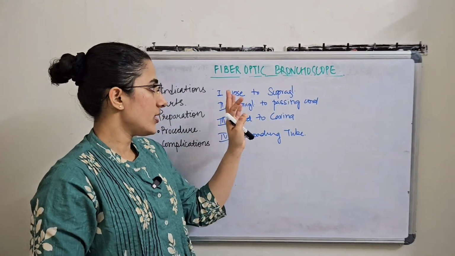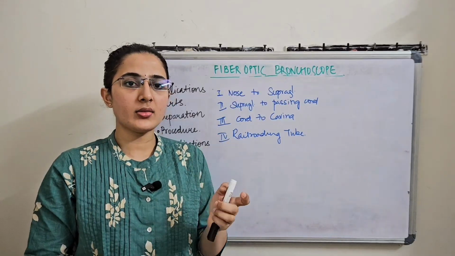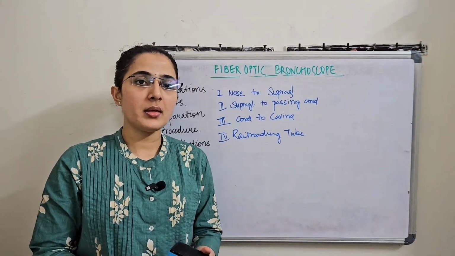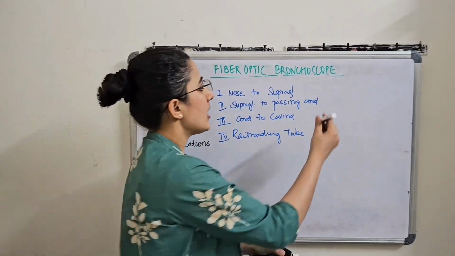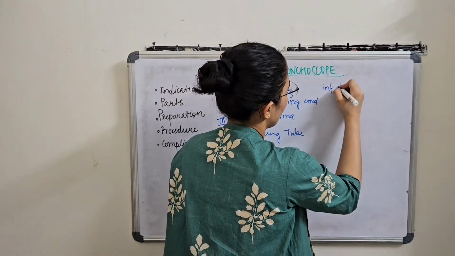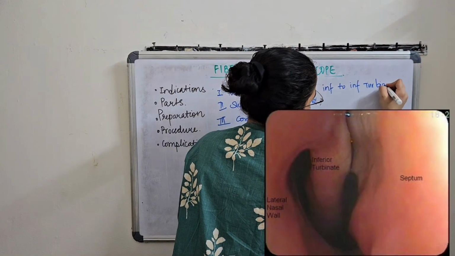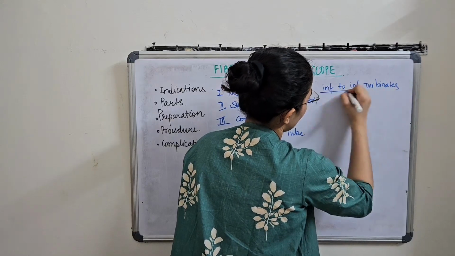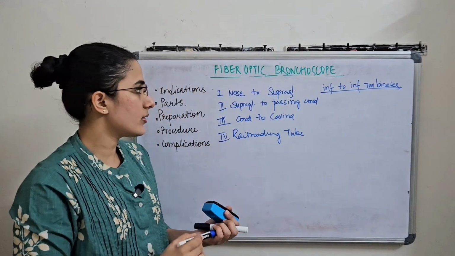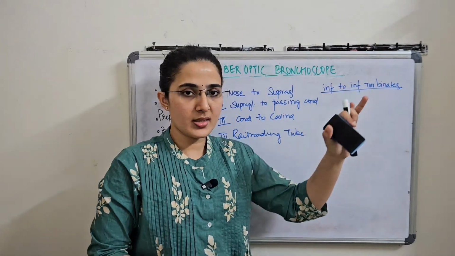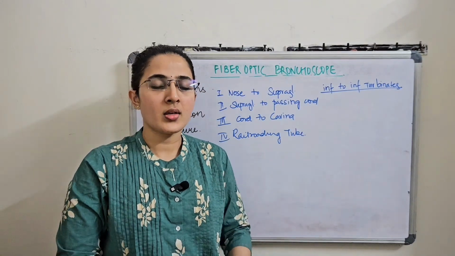Okay, so as we pass through the nose, we have to remember that we have to pass inferior to the inferior turbinates. That is how we pass the fiber scope through the nose.